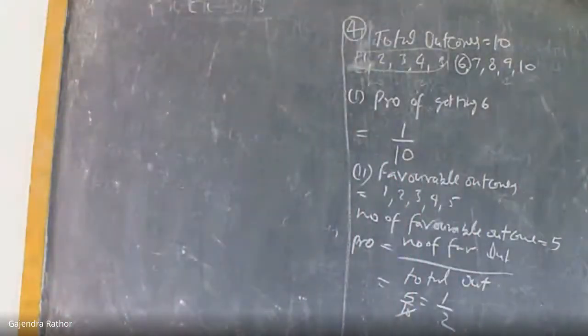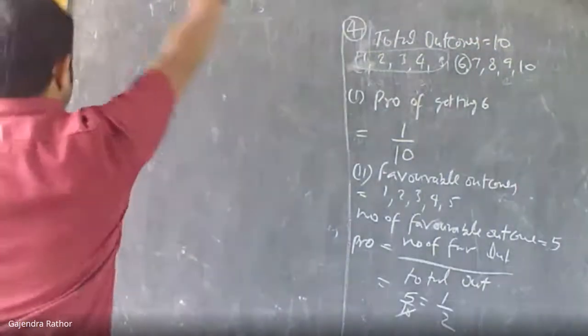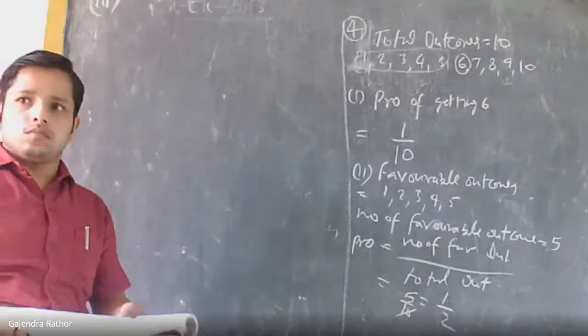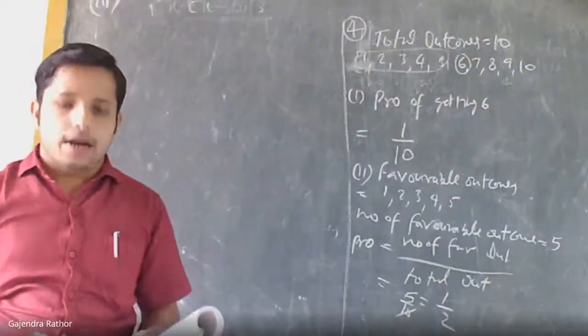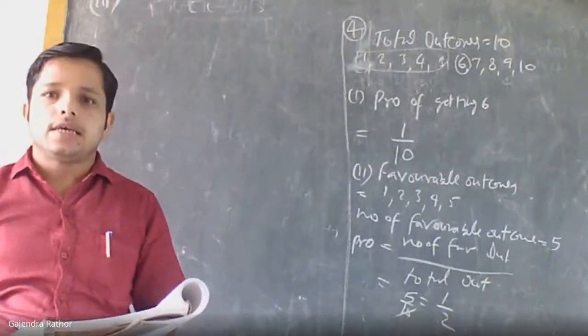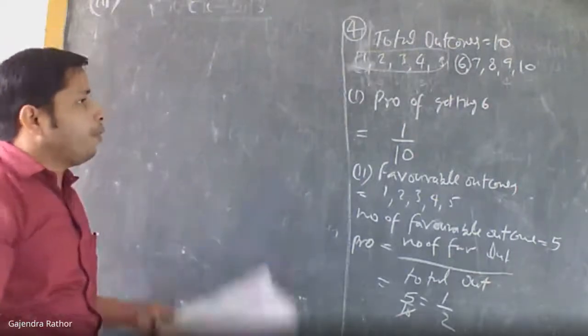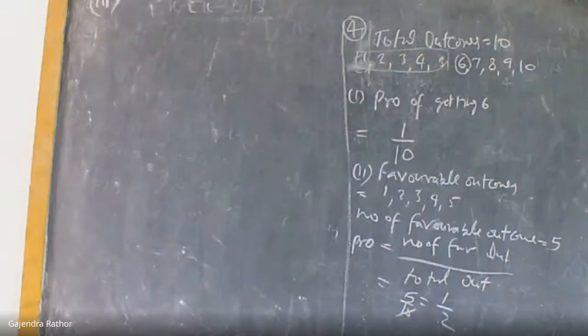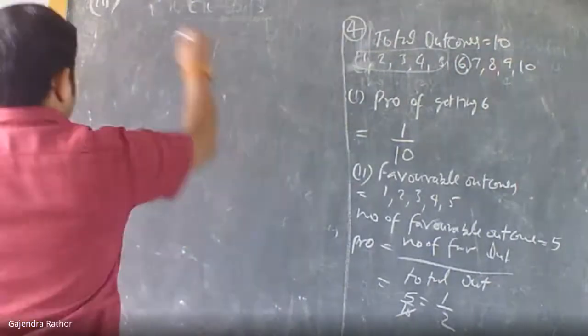Next, third point. Getting a number greater than 6. So how many numbers are greater than 6? Please reply. How many numbers are greater than 6? Here, 4 numbers.